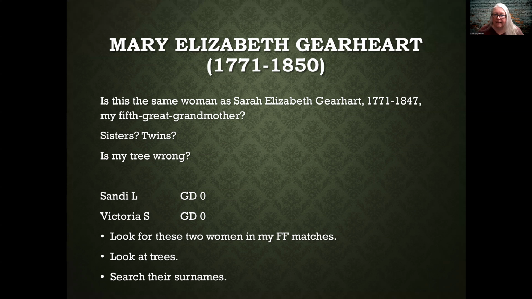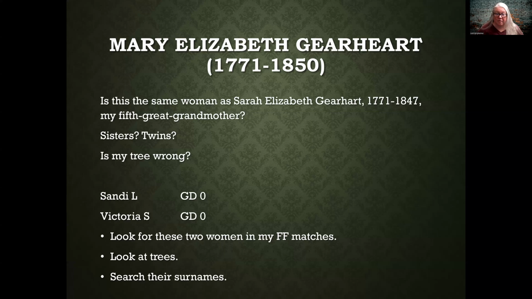So when I look at this, look at the birth years, 1771 for both. Mary Elizabeth has a death of 1850. Sarah Elizabeth has a death of 1847. So are these sisters? Are they twins? Is my tree wrong? Is their tree wrong? Who knows? It could be any of those.